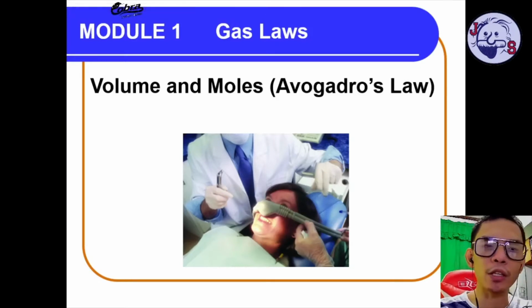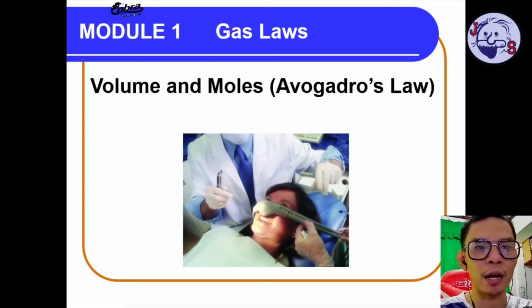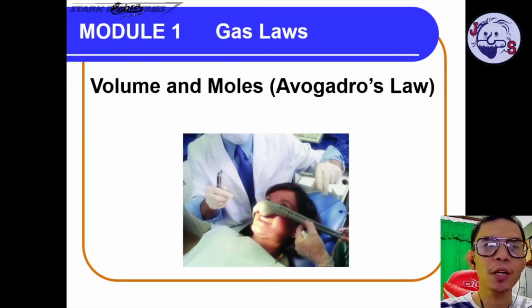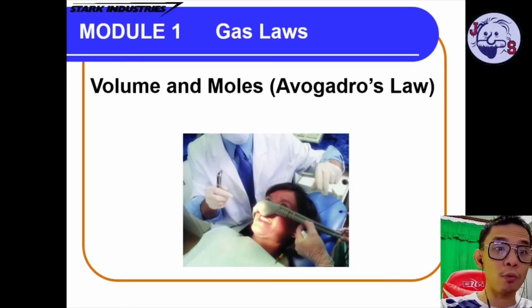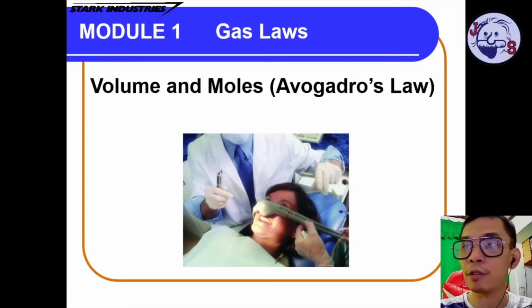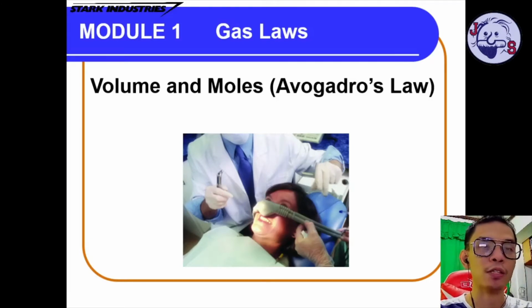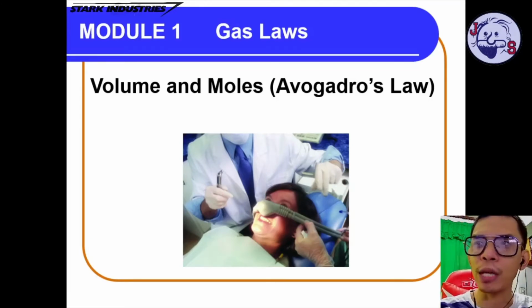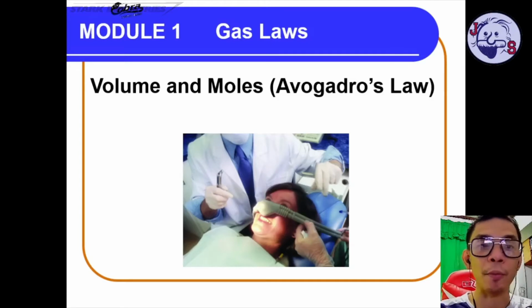Instead of doing it by injection in the form of a syringe, the anesthesia was administered here through inhalation. So the anesthesia is in the form of gas.